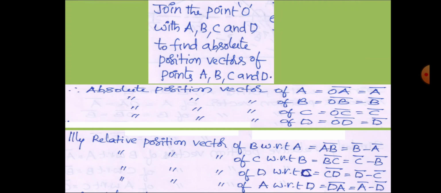B bar minus A bar is AB bar, C bar minus B bar is BC bar. Like that I can find all 4 position vectors.